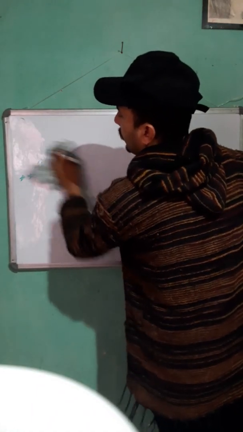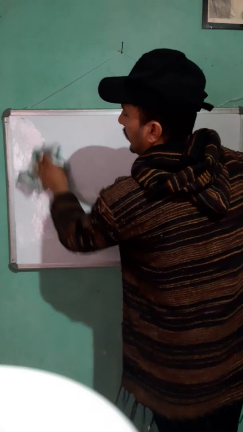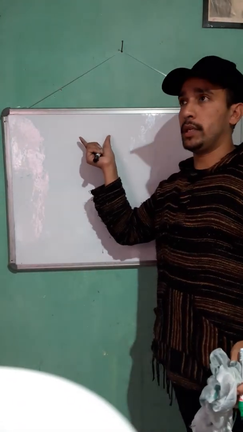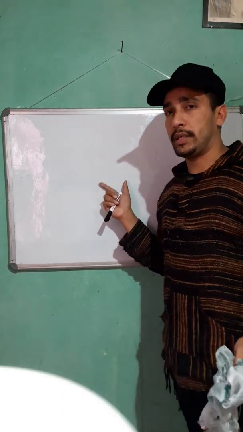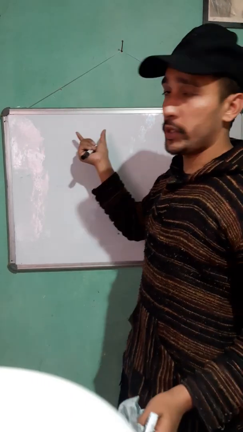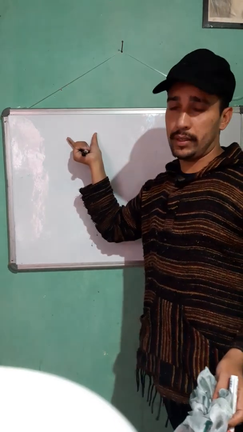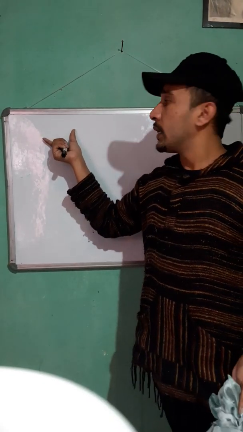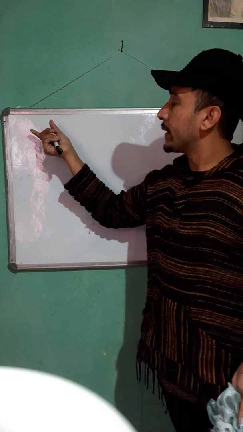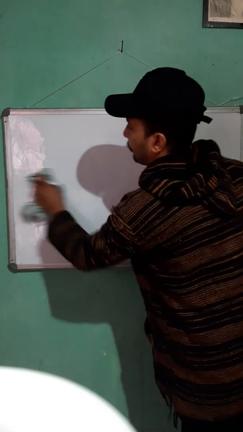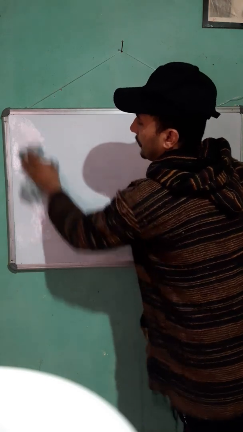Now let's move on to another topic. For this also you form a question. Write it: Mention some special properties of inner transition elements. Some special properties of inner transition elements are: number A, they are all metals. Number B, they show variable valencies.